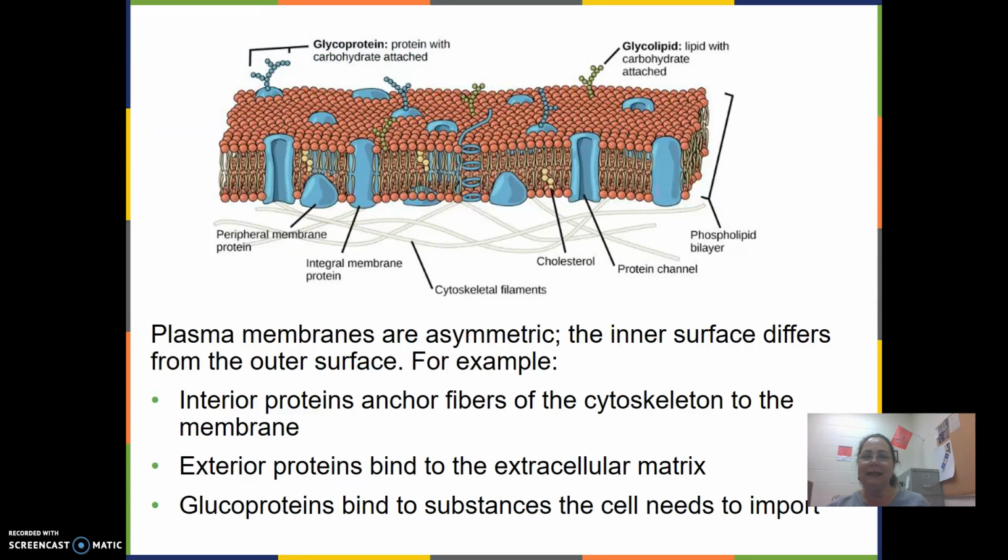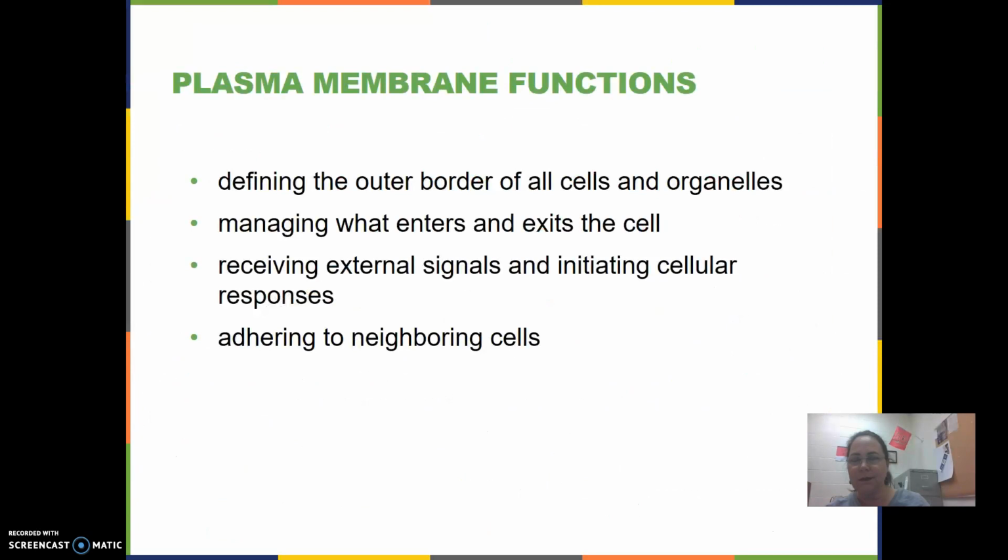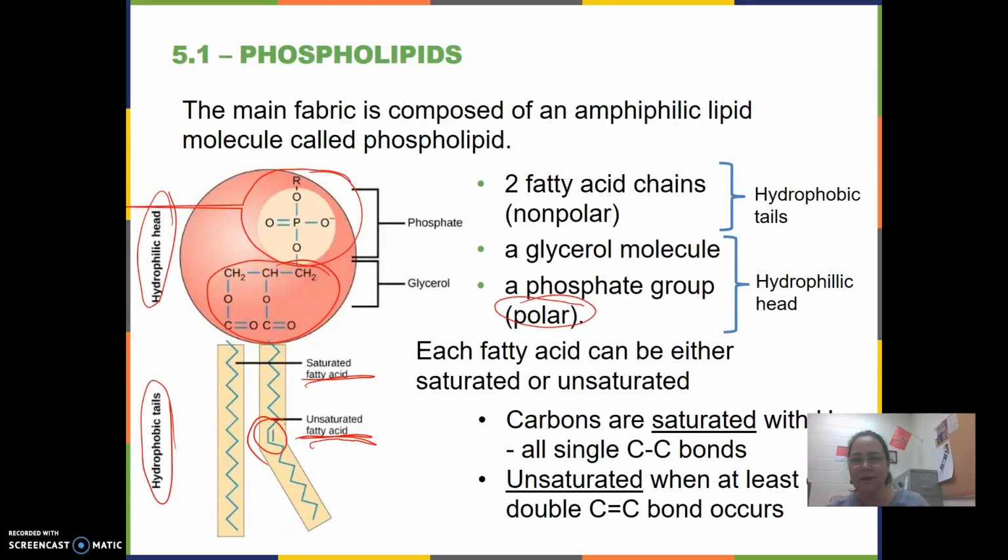Plasma membranes are asymmetric. Oh, and there was another term, I'm sorry. You know what? Let me go back. Amphiphilic just made me remember this.